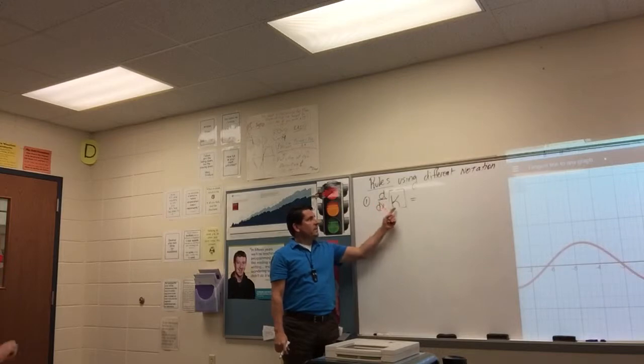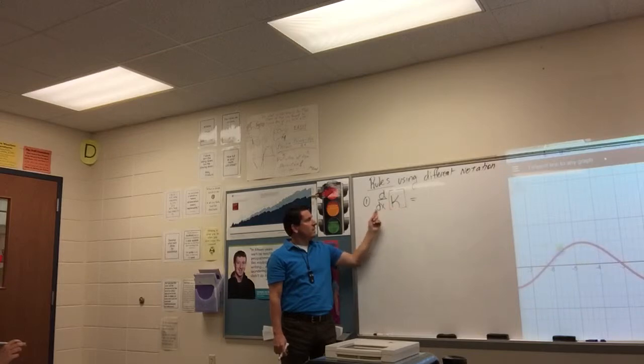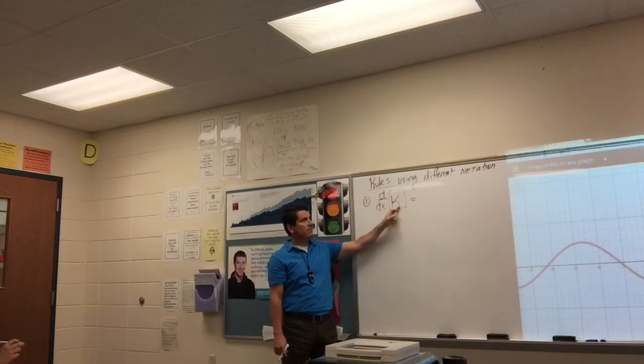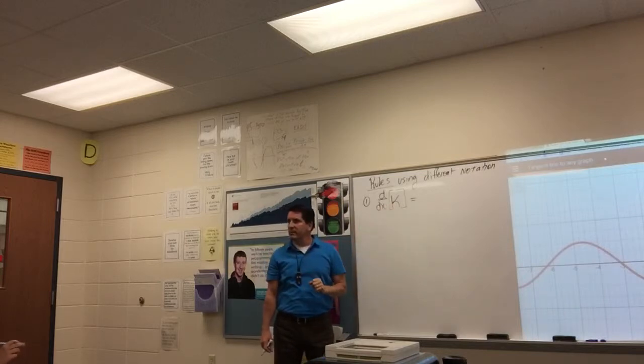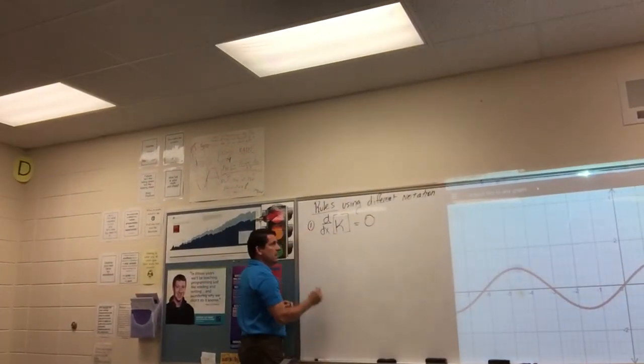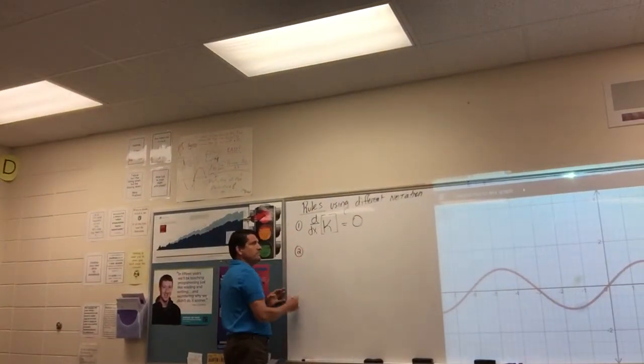This first d says the derivative of this function. This dx means with respect to the x variable. And in this case, it's a constant, so there is no x in it. And so what is the derivative of the constant? It was the first rule that we had. 0. Because the slope is always 0. So I'm writing in a different notation.